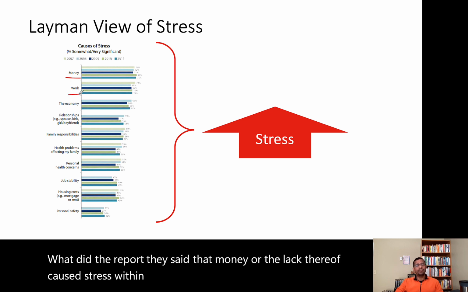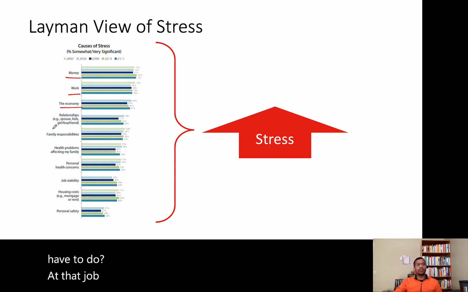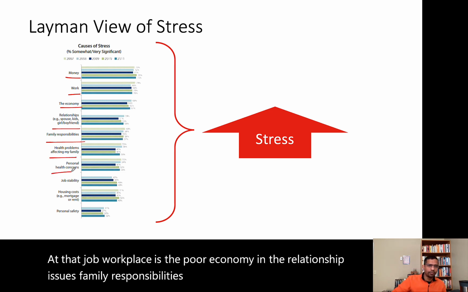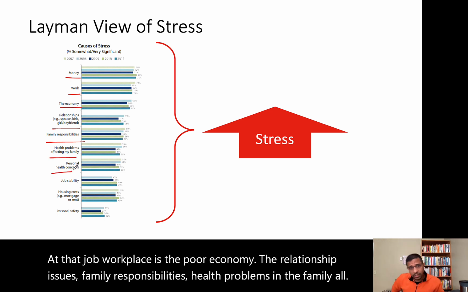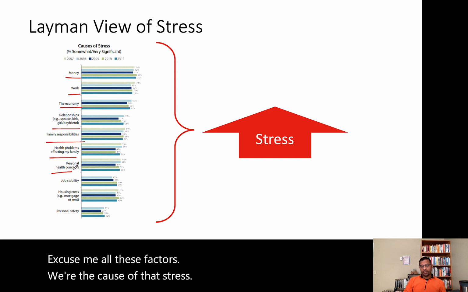The amount of work that they have to do at their jobs, workplaces, the poor economy, relationship issues, family responsibilities, health problems in the family, all these factors were the cause of their stress. So that's the layman view of stress.